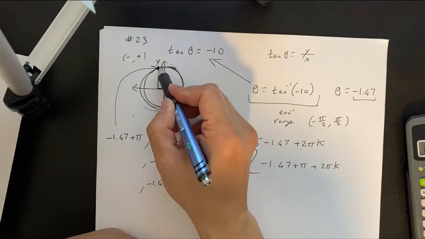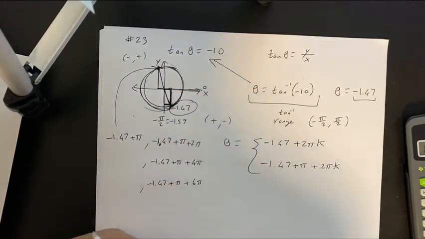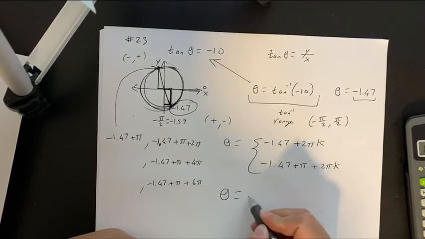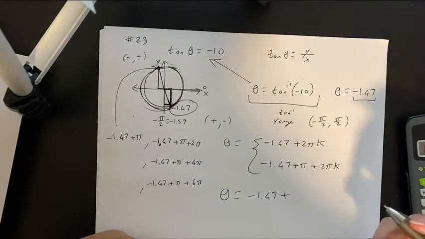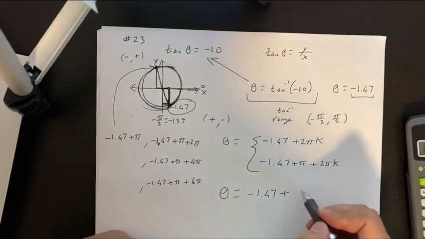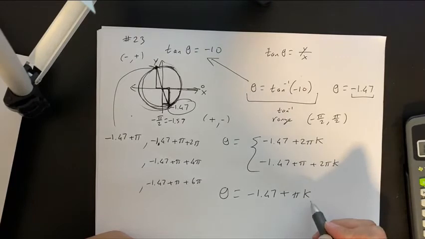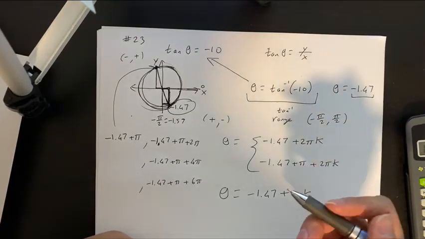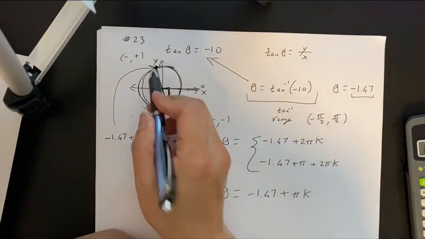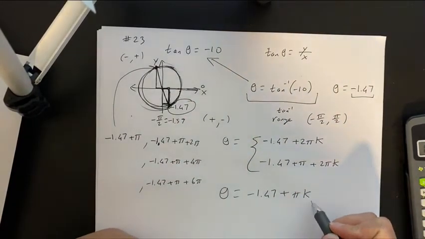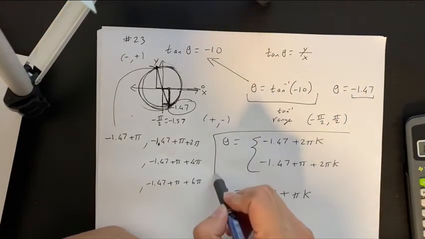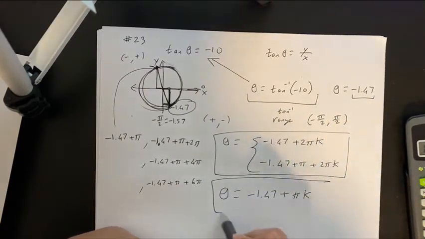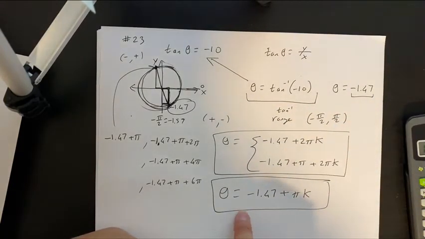Then add another pi, you get back to the first position. So I can actually just use this negative 1.47 and add a pi to it and not have to use this 2 pi. If you add any multiple of pi, you'll get either the first position or the second position, depending on k being even or odd. Okay? So both answers are acceptable. It's just that this answer is a little bit more neat.